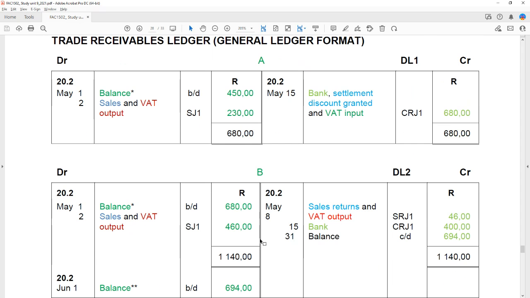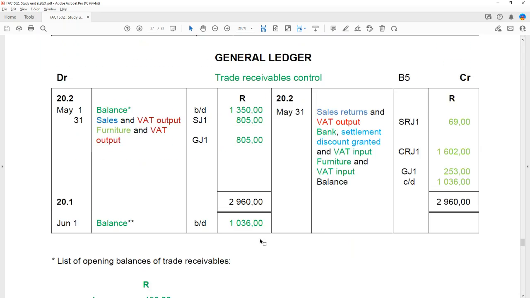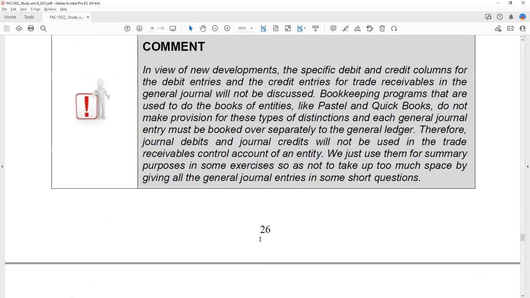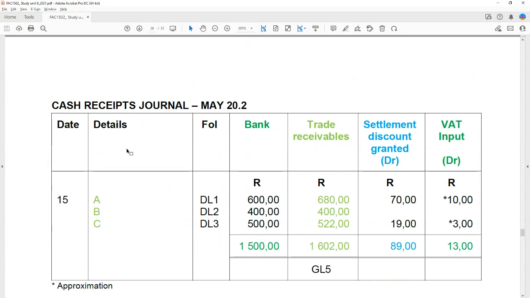Now we must go and check for any payments that will decrease our debtor. So in our cash receipts, we see then on the 15th as well, the debtor paid us 500 Rand, but he previously owed us 522, but then paid before his credit date.